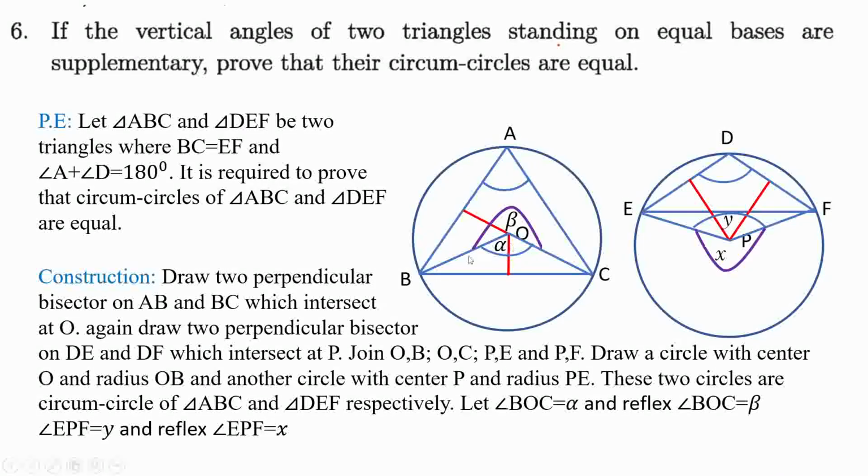Now join OB, OC, PE, PF. We get the radii of the circles, and taking O as center and OB as radius, we draw this circle. Taking P as center and PE as radius, we draw this circle. Then we get these two circles. It is required to prove that these two circles are equal.